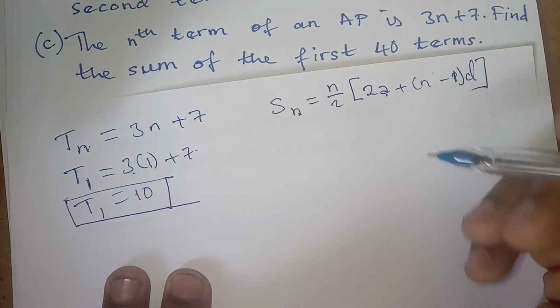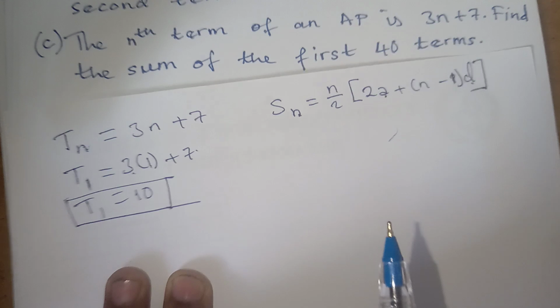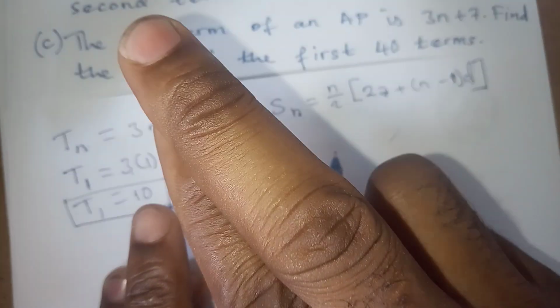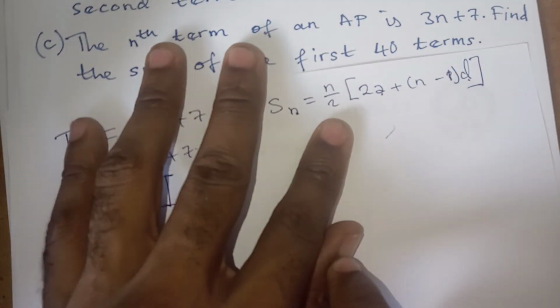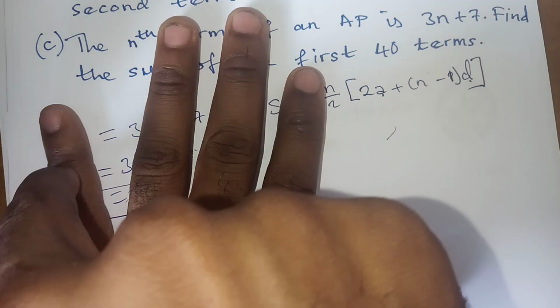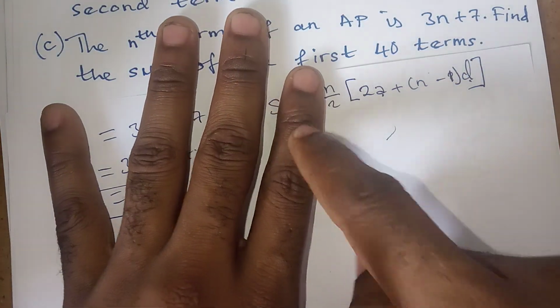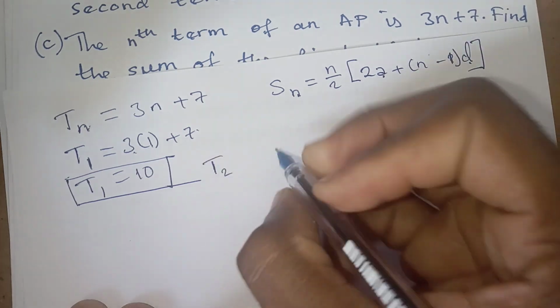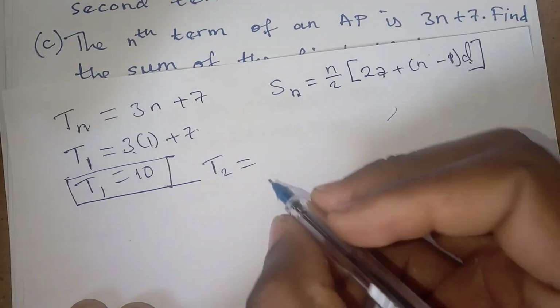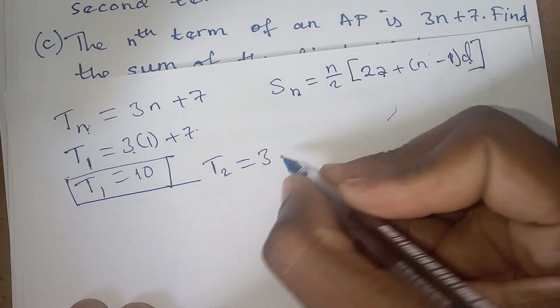And then to find the d, you can just find the next term and subtract. Remember, the d is the common difference. If you have numbers like this, the d will be the distance from here to there, or the gap between this and this, or the difference between this and that. That is what we call the d. To find this, I can simply find the second term. The second term is given by putting a 2 there.